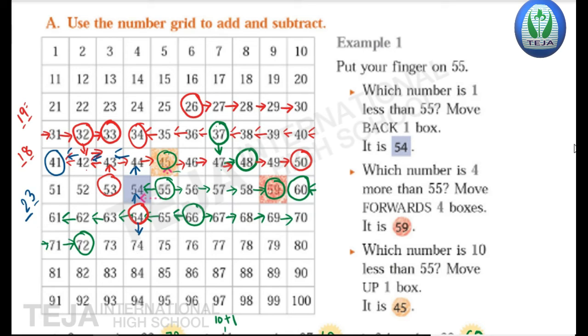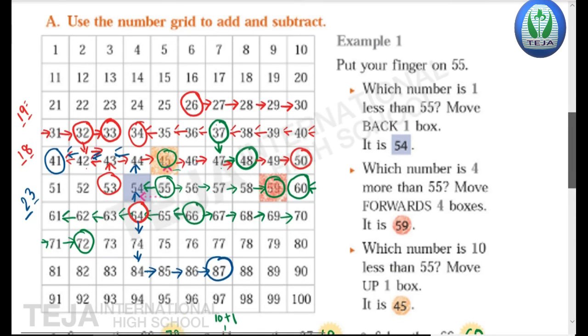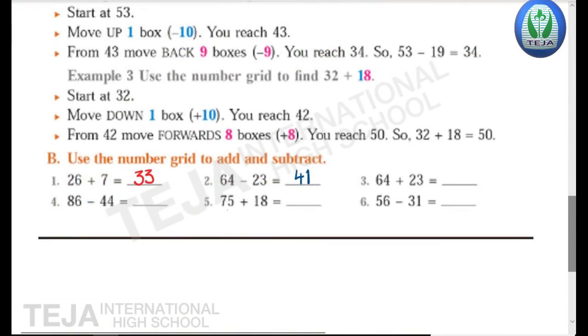That is 64 plus 10 is 74 plus 10 is 84. Now in ones place 3 is there. So move forward 3 boxes. 1, 2, 3. So finally you reached 87. So 64 plus 23 is how much, children? 87. So write 87 here in the blank.